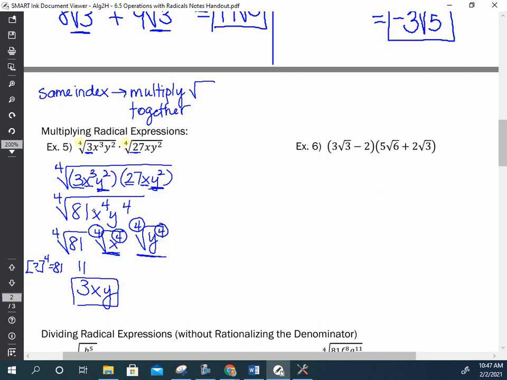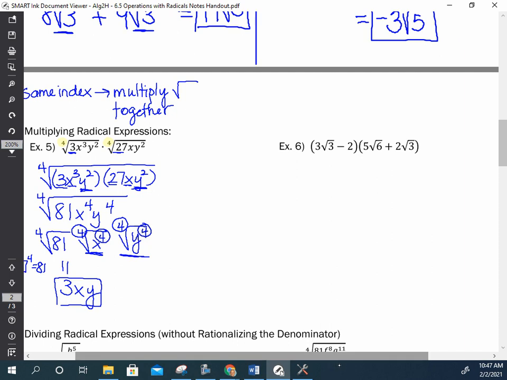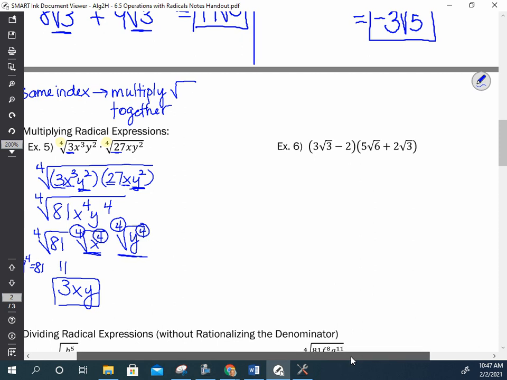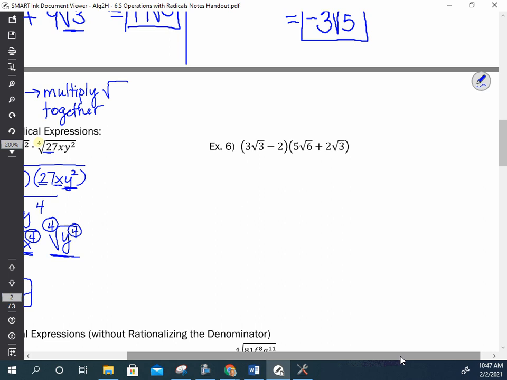With example 6, we have something that looks similar to FOIL. So if it looks like distributive property or FOIL, do it that way. First, outer, inner, last.